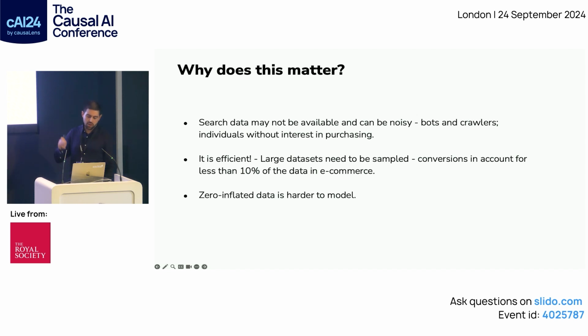There's a lot of search data, and if you're in a big company, you have millions and billions of search records. Sometimes this data is not only large, it's full of things that you don't want and that just add noise, like bots and crawlers, and individuals without interest who were just browsing around. The other thing is that using only the converted data is way more efficient in most cases because you use less data.